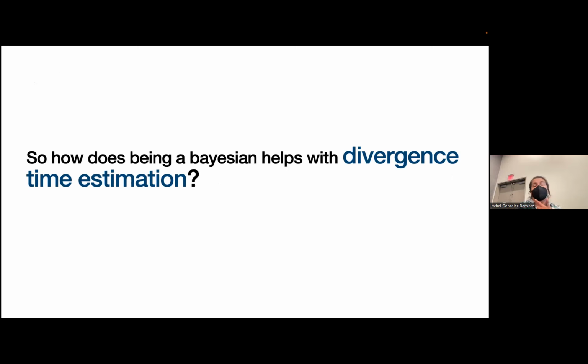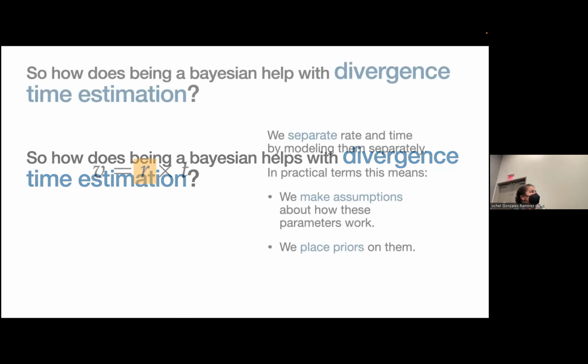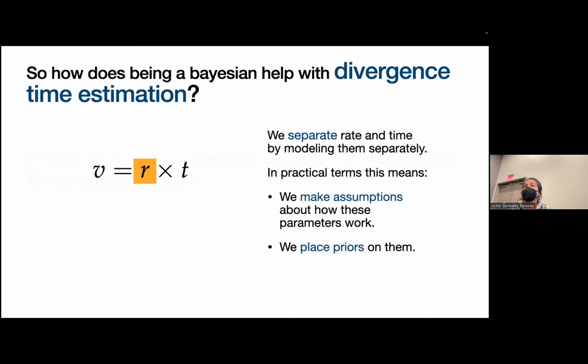So how does being Bayesian help? Well, we can set priors to separate rate and time. That's the first step: I want to separate them. In practical terms, this means that I have to set a model of how rates behave in my tree and a model of how time works in my phylogeny.